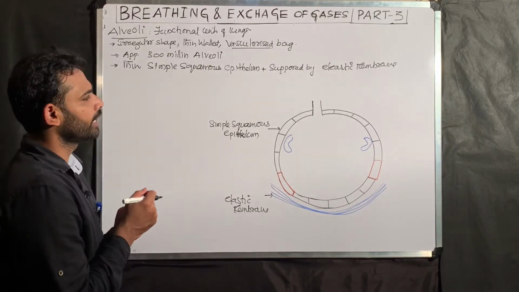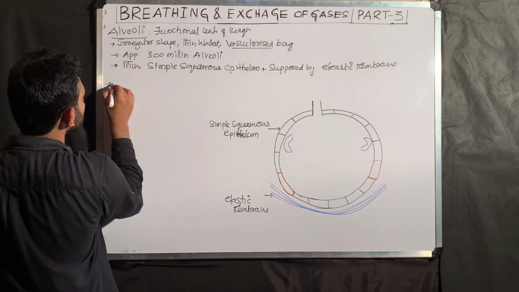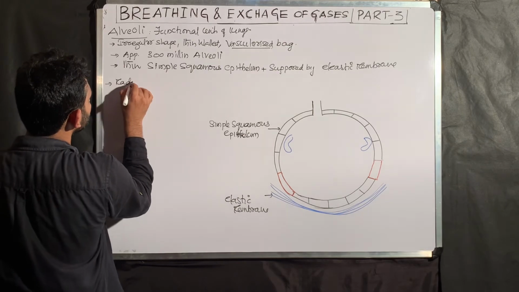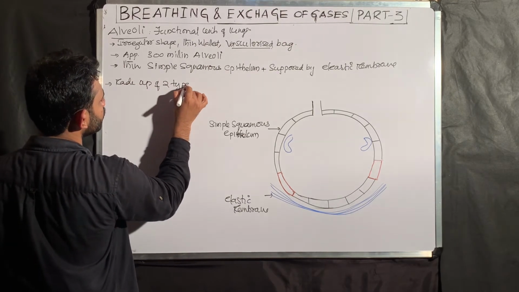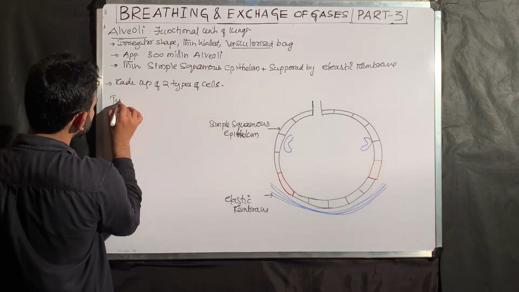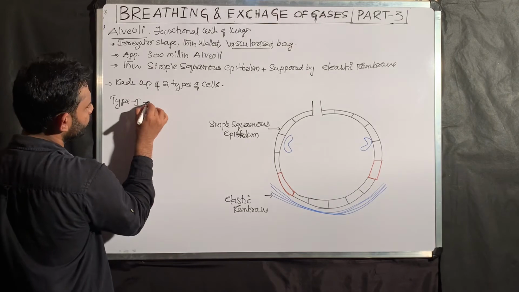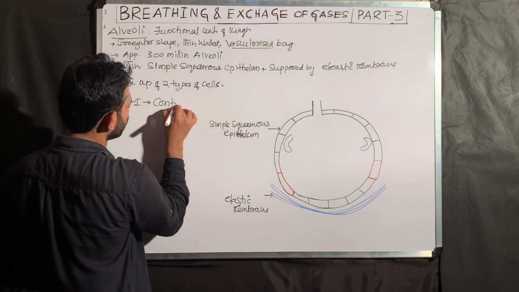So next part, this alveolar wall is made up of two types of cells. First, type 1 cells form a continuous wall.